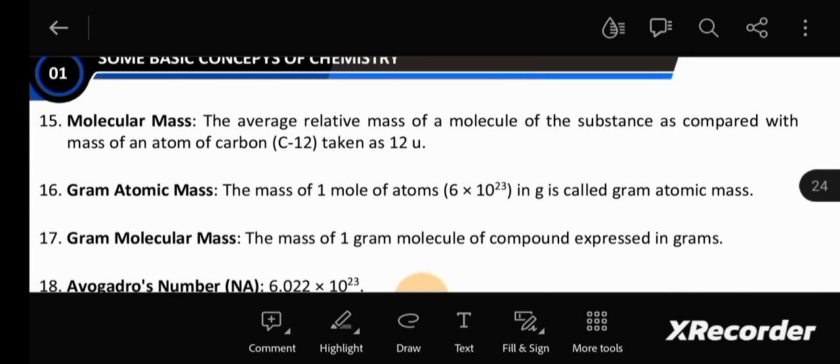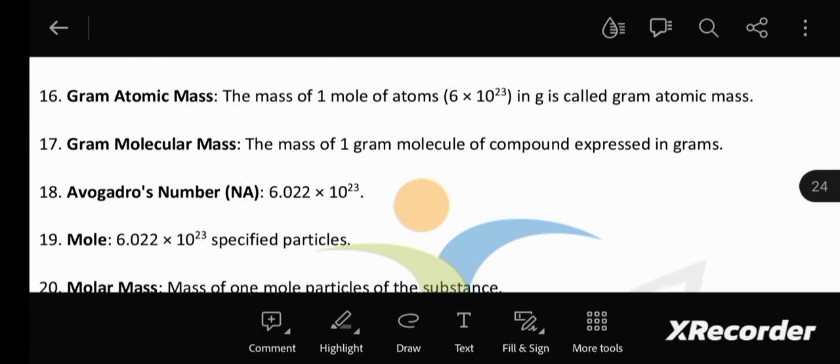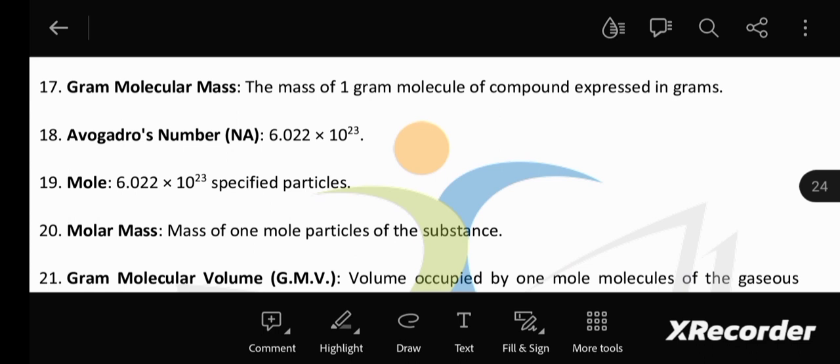Next, molecular mass, average relative mass of a molecule of a substance as compared with the mass of an atom of carbon taken as 12 units. Gram atomic mass, mass of 1 mole of atoms in gram is called gram atomic mass. Gram molecular mass, mass of 1 mole of molecules of a compound expressed in gram.